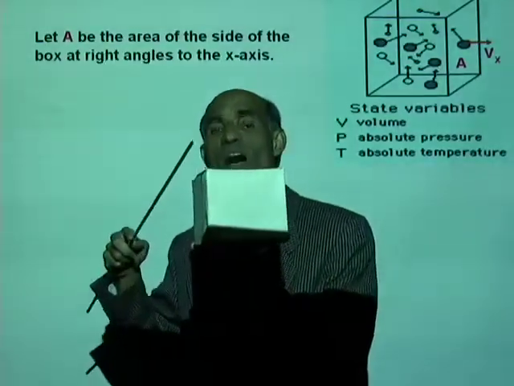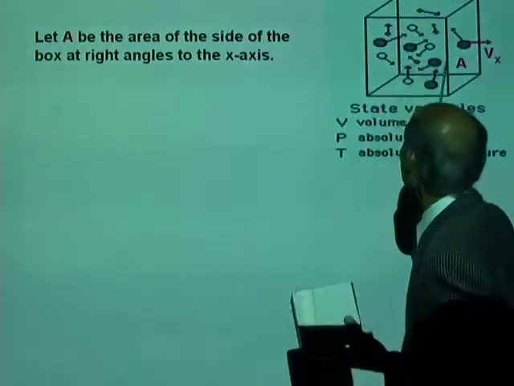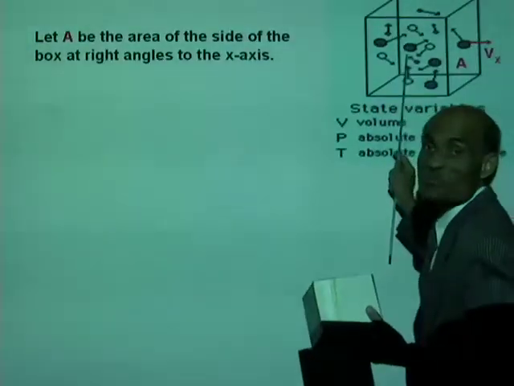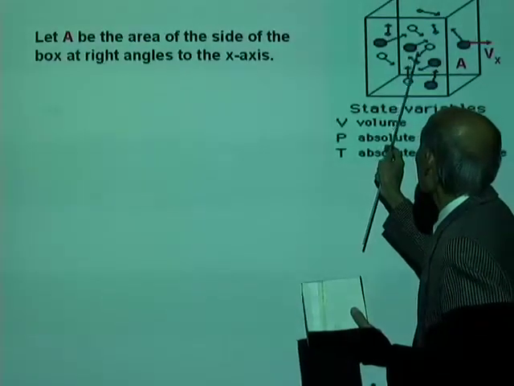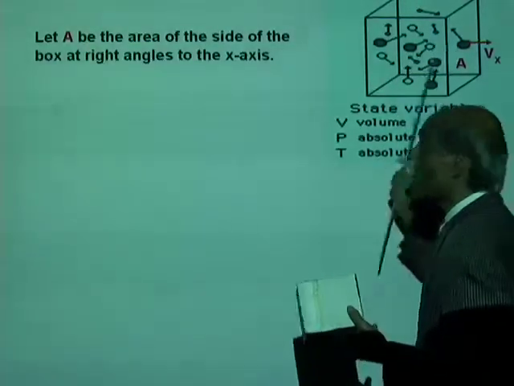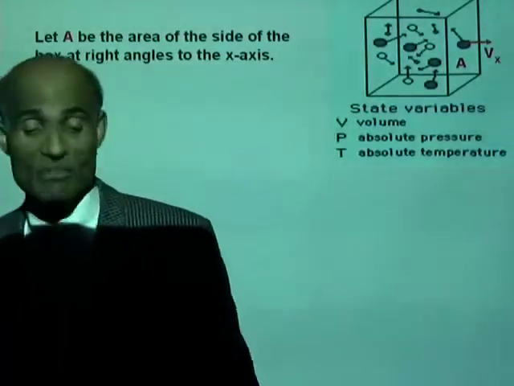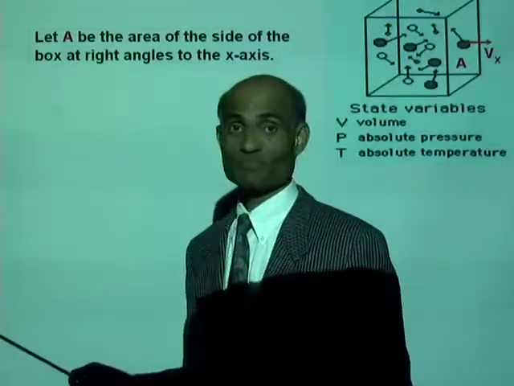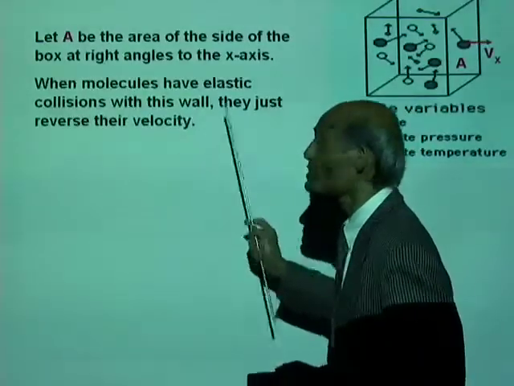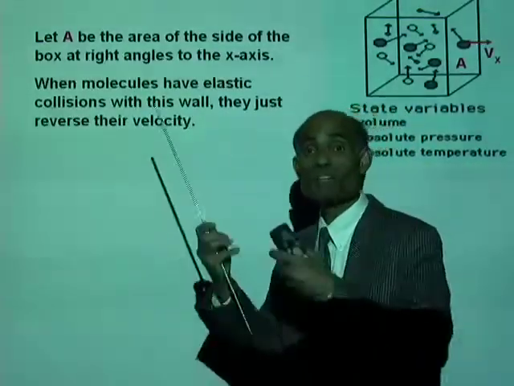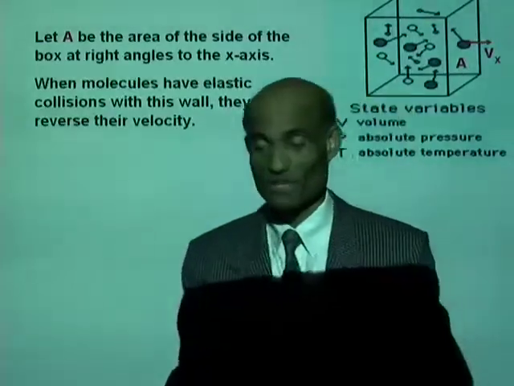That means we are now, since we are talking about the average x motion of the molecule, we are now going to say these molecules are moving towards that wall with that average x velocity. When the molecules have an elastic collision with this wall, they just reverse their velocities.